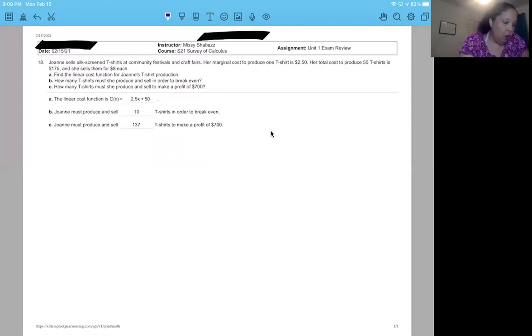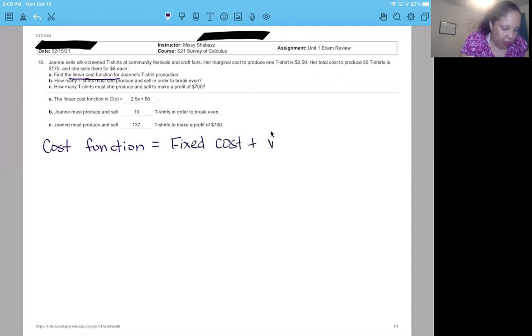Okay, so what I need is a cost function, because they are asking to find the linear cost function. So the cost function equals the fixed cost plus the variable cost.